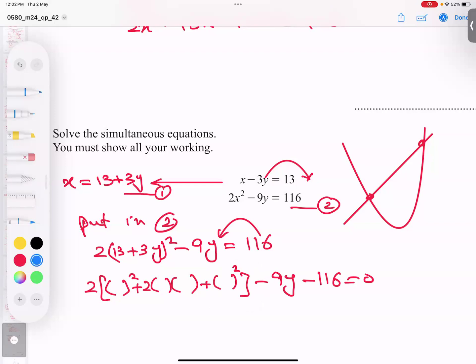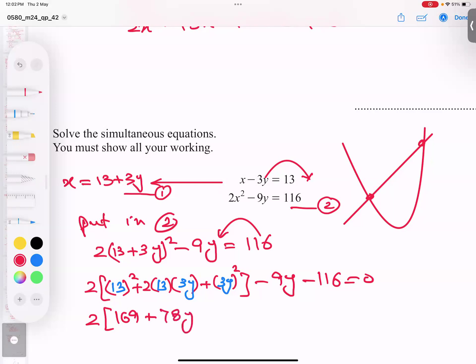Okay, so this 13 will come in the first two brackets. 3 will go in the next two brackets. I got 2. 13 square is 169. First 2 into 13, we got 26, multiply with that, and I'm getting 78y.